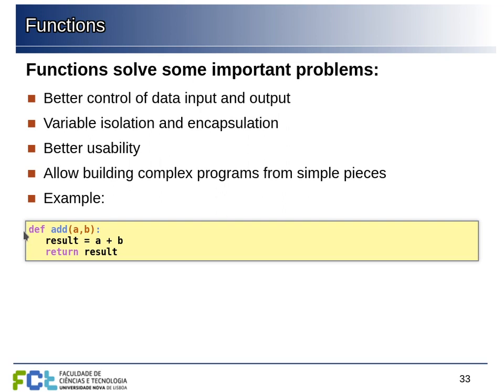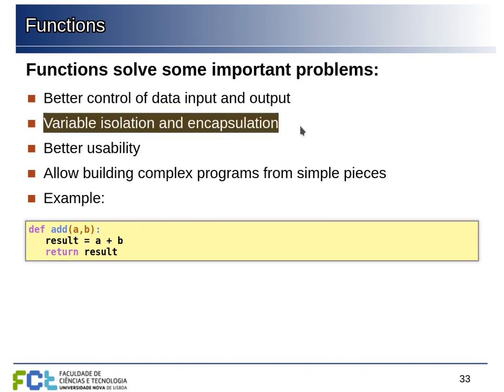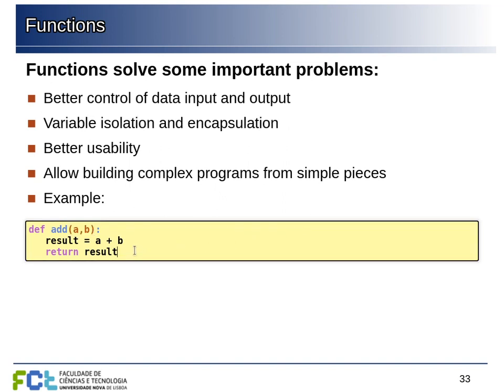You already covered this, but just to recall, we create a function in Python with this keyword def and indicating the name of the function and the parameters, which are the local variables where the function will receive elements. And one important thing is that the function isolates all of these local variables.